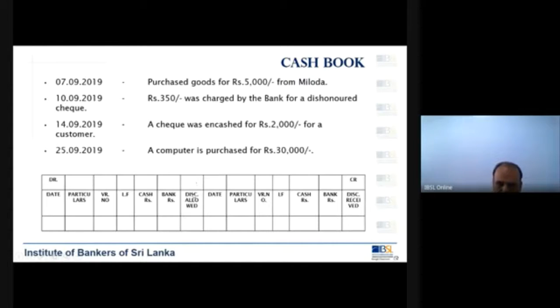That is this column here, which is known as the discount allowed, and the column on the very right, which is the discount received. Other than that, the rest of the columns are the same. What are the columns? Date, particulars, voucher number, ledger folio, cash, and bank. The same is repeated here also. So the left is your debit and the right is your credit.